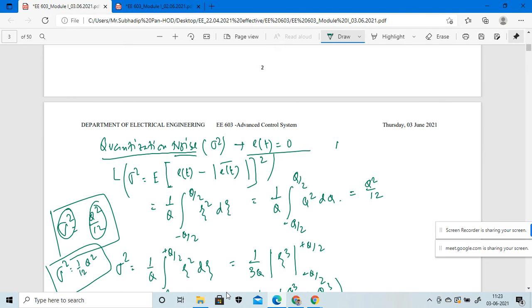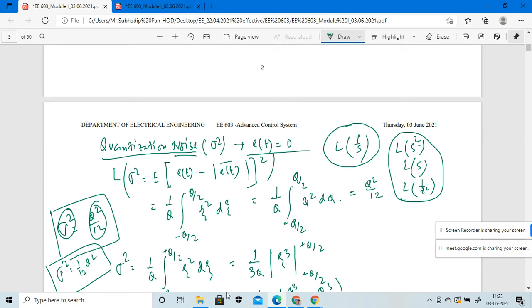So keep in mind: what will be the Laplace transformation of 1 by s, of s square, of s, and what will be the Z transformation of 1 by z square? All these formulas I will share before starting the Z transformation, some formula data regarding the Z transformation, and you will recapitulate all those things.